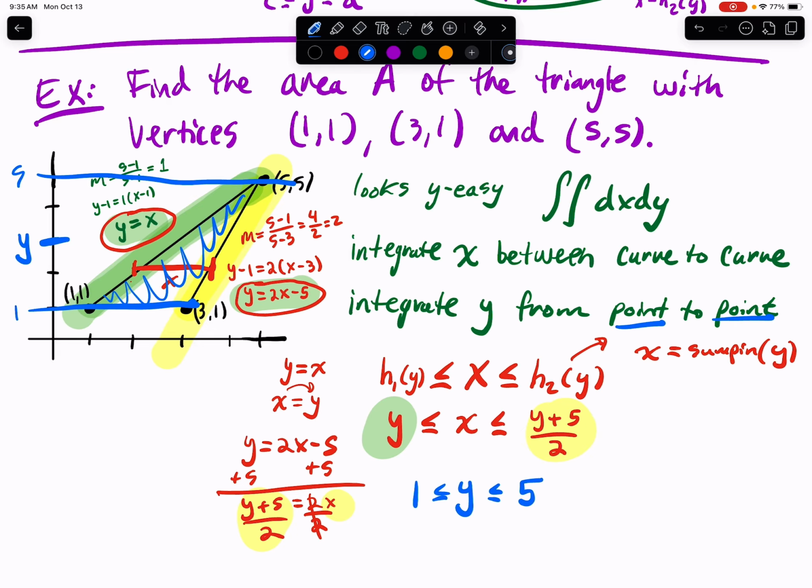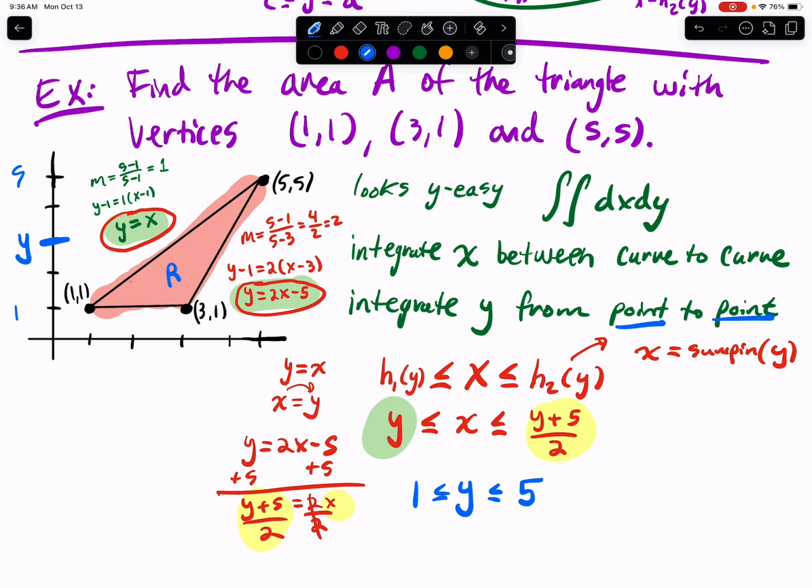The hardest part of this problem is figuring out the region. When you figure out the region, you're trying to figure out that R region here. All you're doing is trying to figure out how can I describe this triangle area R in terms of curve to curve and point to point?